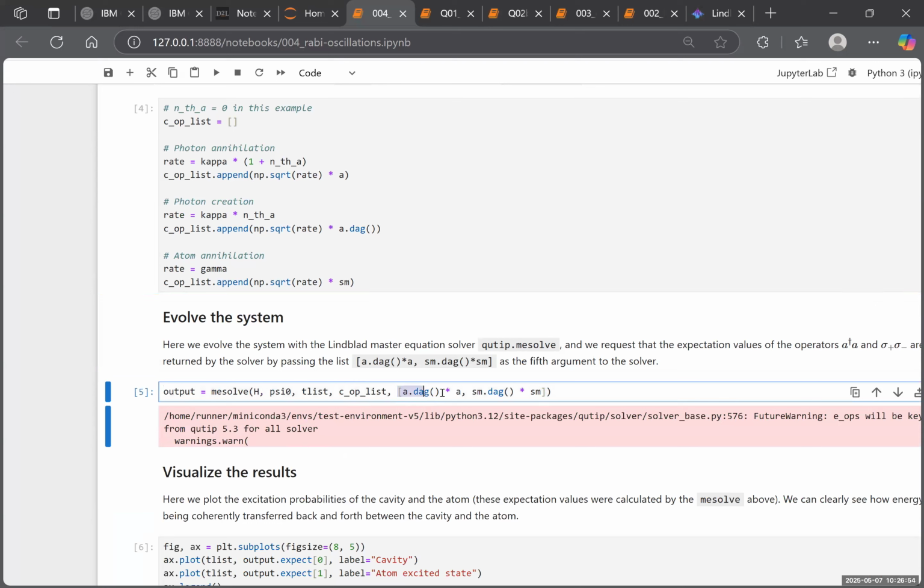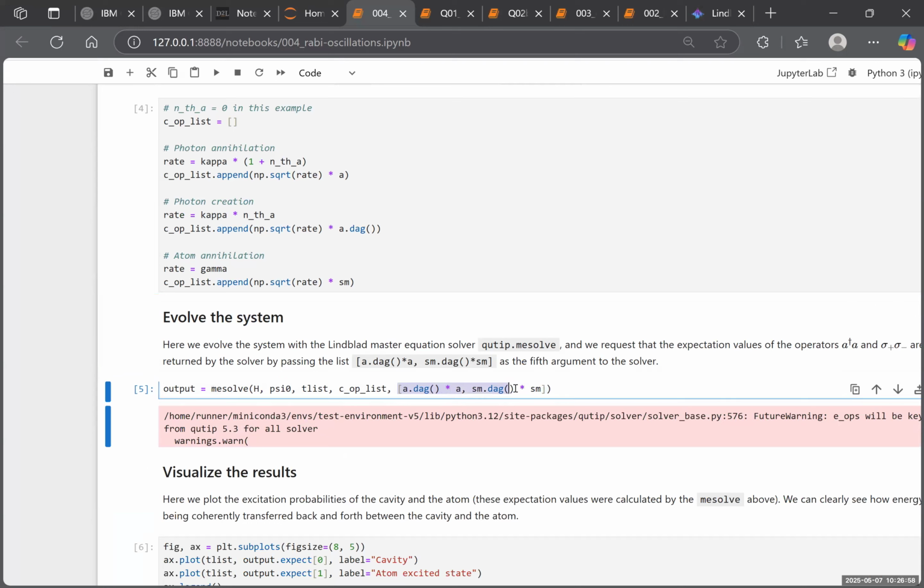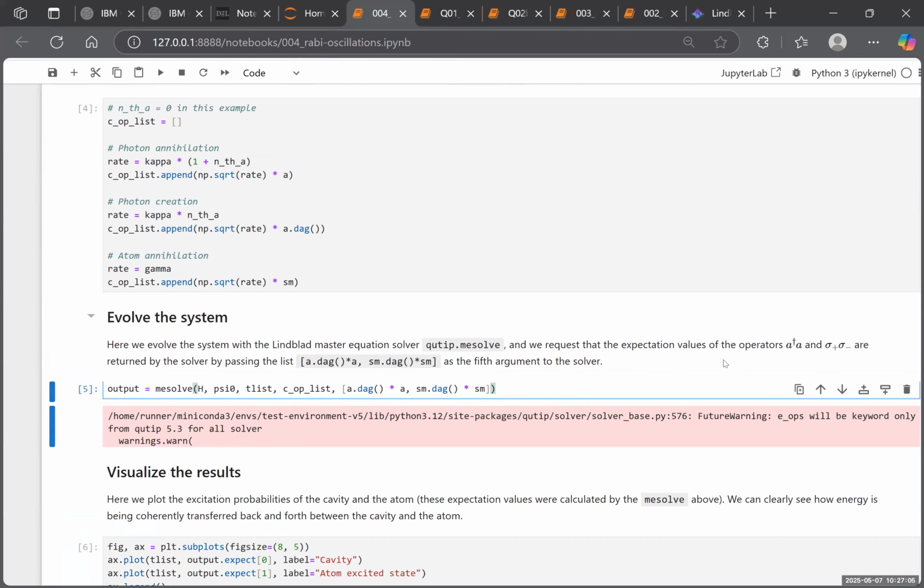So here we want to estimate the number operator A dagger A and SM dagger SM. This is for the sum of sigma plus and sigma minus.